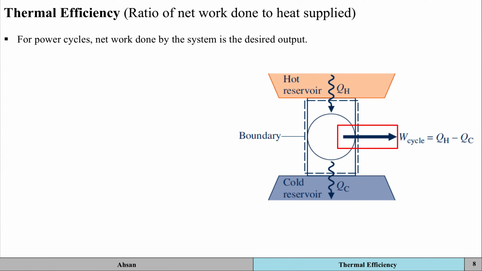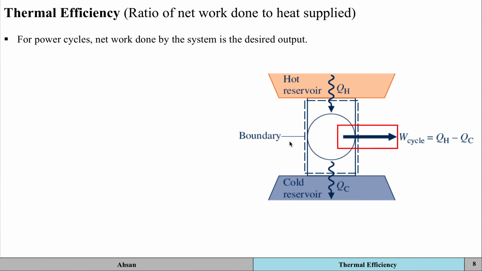Another thing that we already know is that the thermal efficiency of power cycles is always going to be less than 1. And what that means is that QC equal to 0 is not possible. Because that would mean the thermal efficiency of that cycle would be 100%, so whatever energy is transferred into the system would be converted entirely into work.